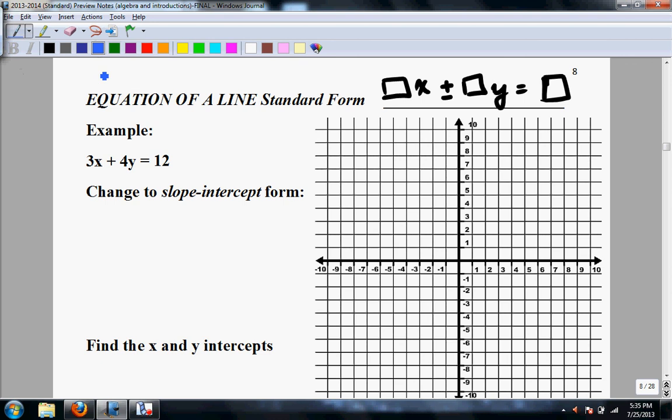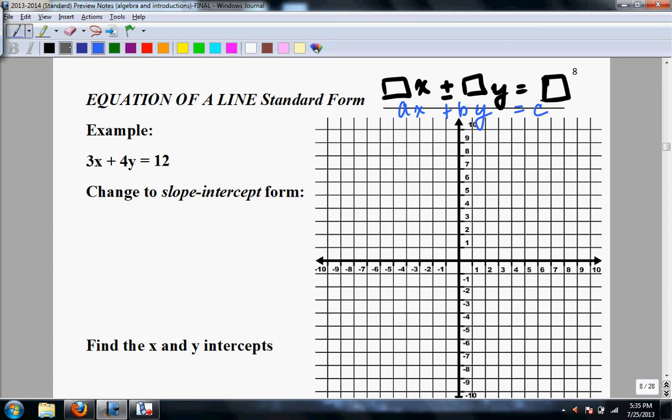Some students get confused if you toss too many letters at them, but in a textbook, this is what you're going to see. ax plus by equals c. That's called the standard form equation of a line. Now there's 2 ways to tackle this. I'm going to show you how to do this both ways. You are welcome to use either method in this class, whatever makes you most comfortable.